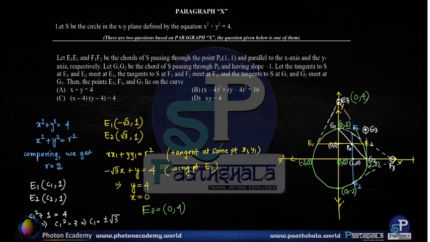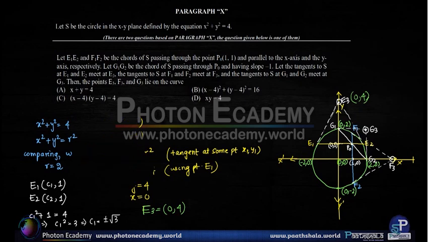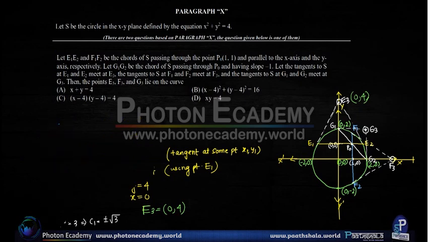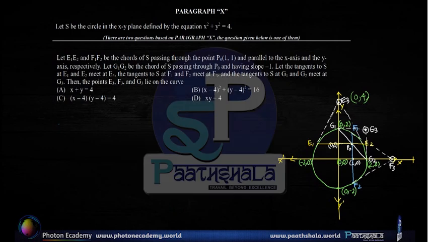For F3 and G3, we first calculate F3. We have F1 and F2, they have the same x coordinate, which is 1.